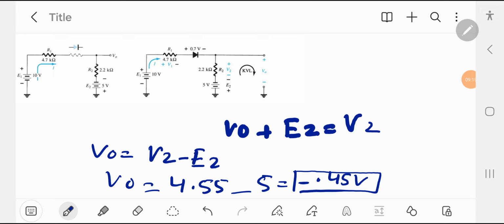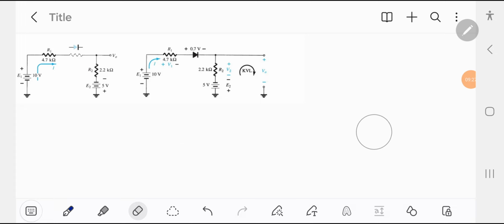So we found the following elements here in this circuit. First one is I, which is equal to 2.07 milliampere.